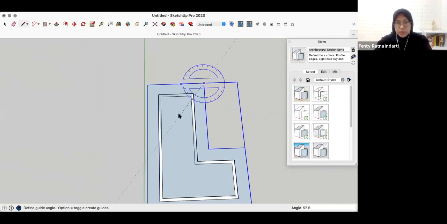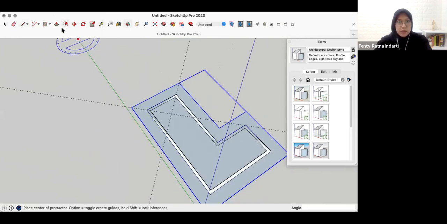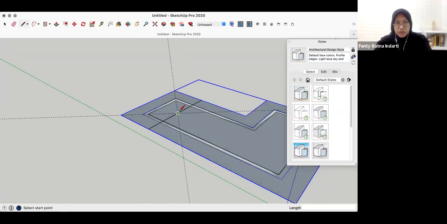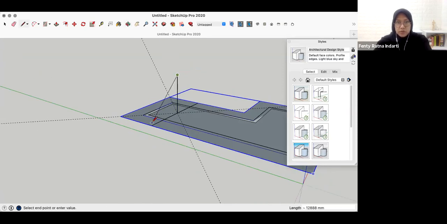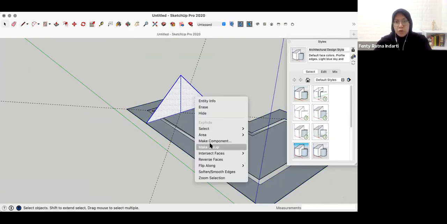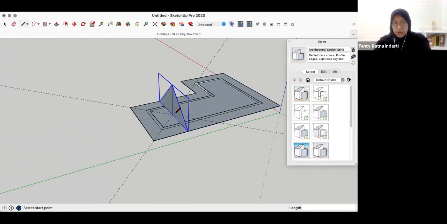This, for example, and I have to build my structure around here. So this is my first rafter. So I'll group it and then choose another color, and then another rafter here, for example.